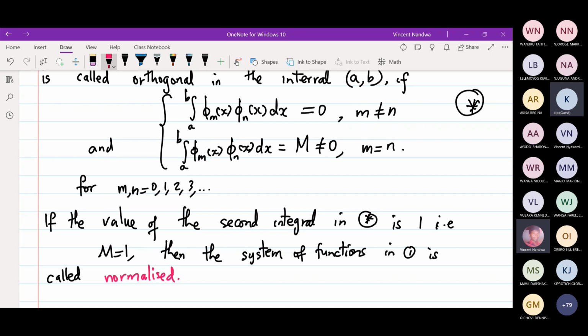So we can give some examples of trigonometric functions which are orthogonal.